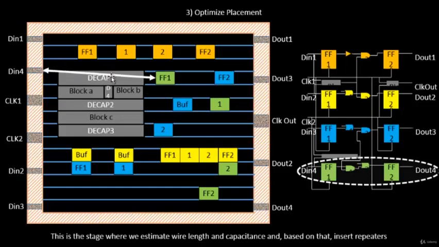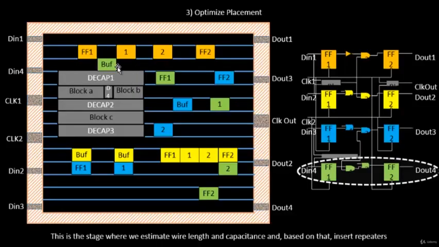So you need to place some buffers, and you can't place buffers in this area because this part of the floor plan is already occupied by decoupling capacitors, blocks and so on. So let's try to place the buffers along this path.